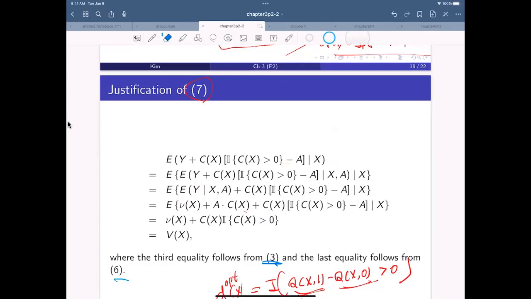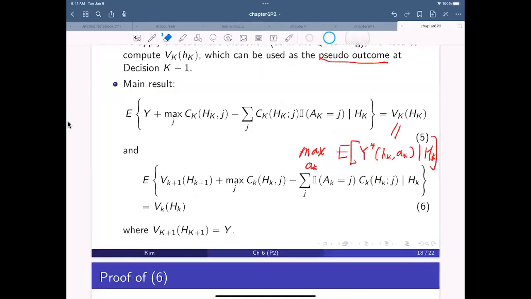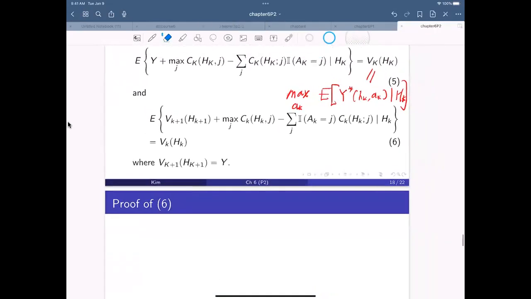So I'm going to use the same idea to prove this, because this is just a generalization, right?